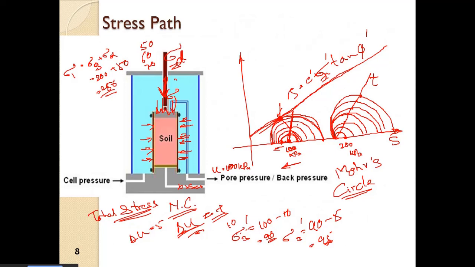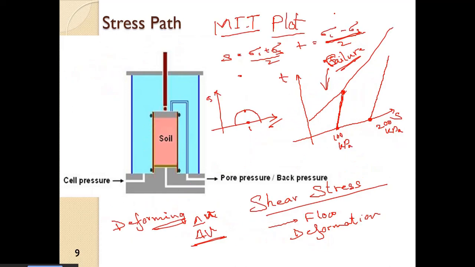So this ST plot also had severe limitation, but still we can plot that. In fact, we will plot the stress path also in terms of the ST plot, and we will verify and compare the various plots.